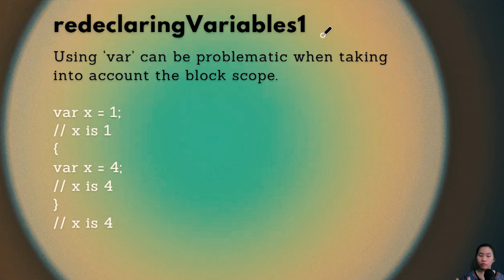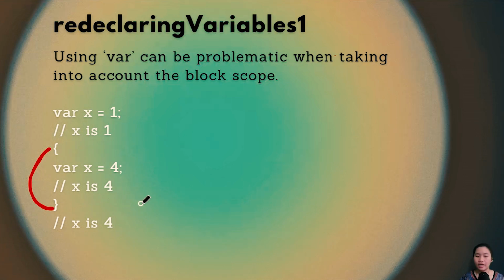Moving on to redeclaring variables. This is part 1, all right? Using var can be problematic when you are dealing with block scope. So this is our scope. That's the extent of our scope, if it's a little bit hard for you to see. Var x equals to 4. Now naturally, we're using var, we can redeclare variable, but we cannot use it outside of the scope. If x is equals to 1 at the top, and then bypassing through the scope, x equals to 4.